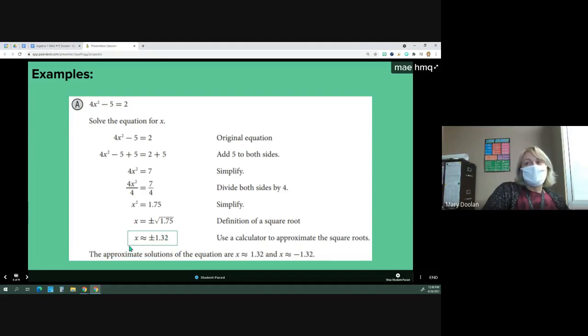So this is the most concise, neat way to write the answer. But what this means is what it says here. The approximate solutions of the equation are x is approximately equal to 1.32 and x is approximately equal to negative 1.32.